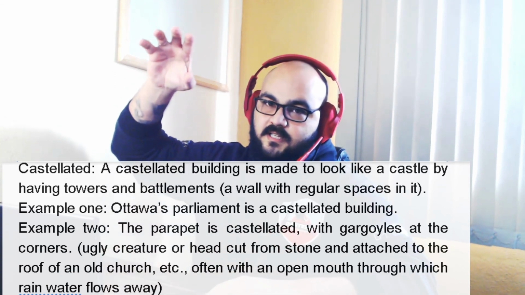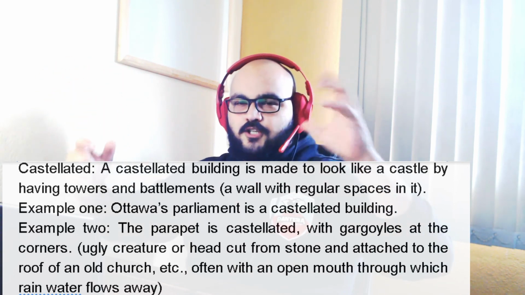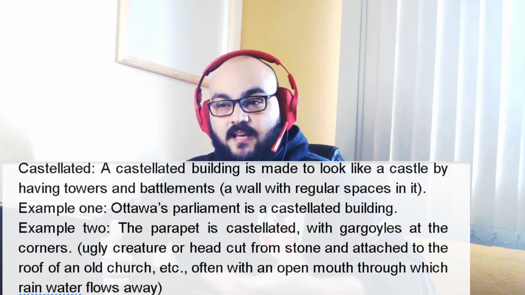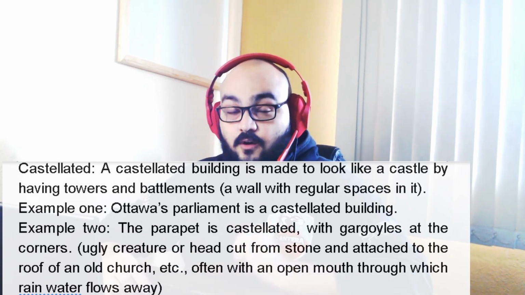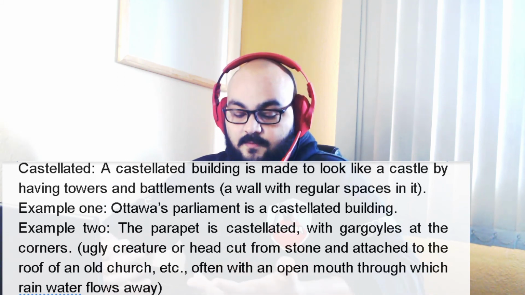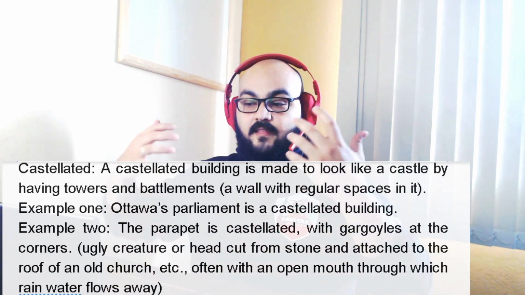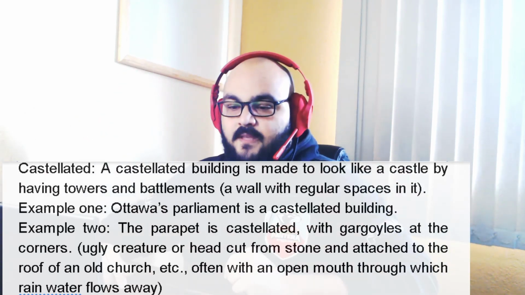And they are put at the corners of the roofs of some churches and old buildings, and they look a bit scary and spooky, right? Those would be gargoyles. And the purpose of them is to make the rainwater flow away from the roof, okay?